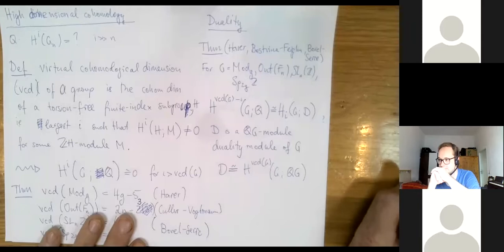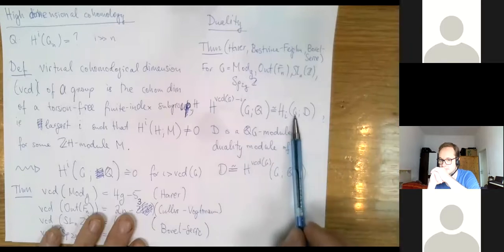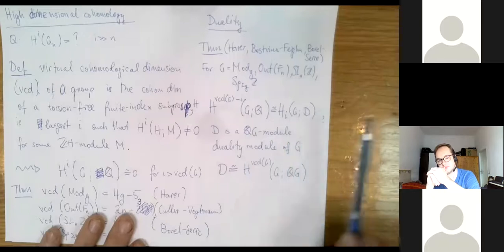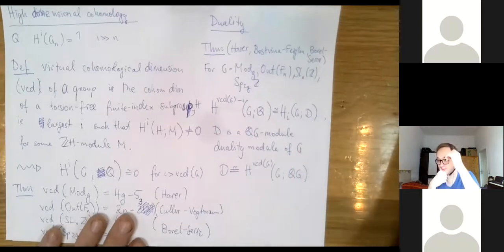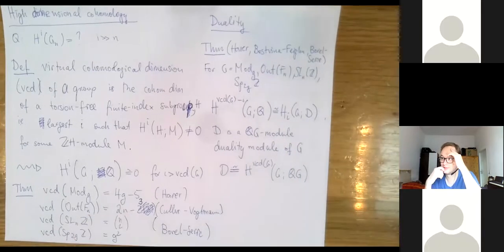Because the last formula that you gave already depends on the group. I mean, here you will have the subgroup as well, though, right? Yes. In the dualizing module, you give a formula that should work for every finite index subgroup of SL_n(Z). But how should I interpret G and Q[G]?